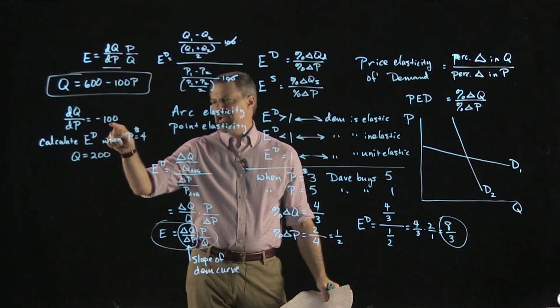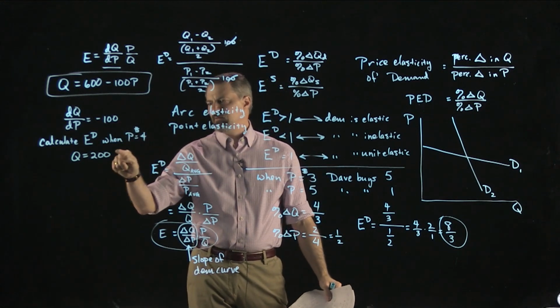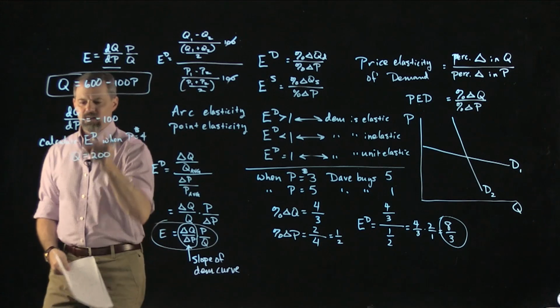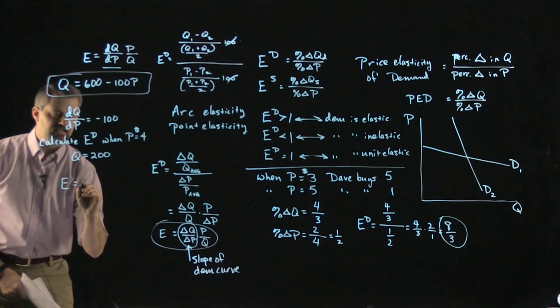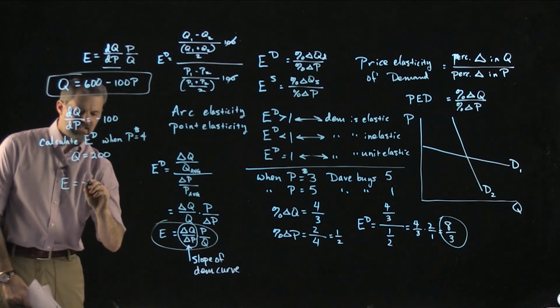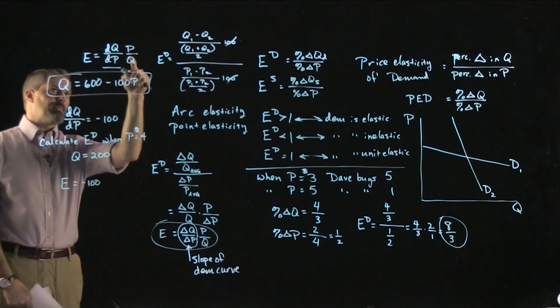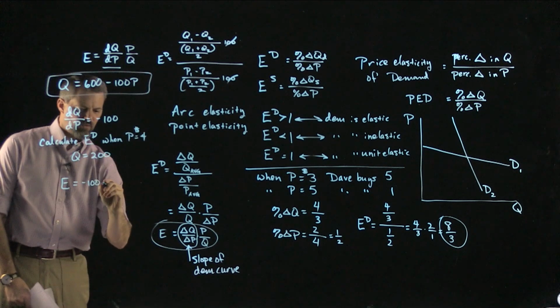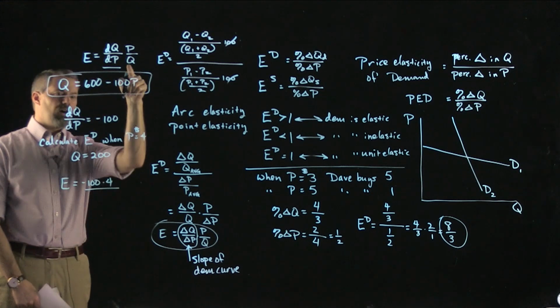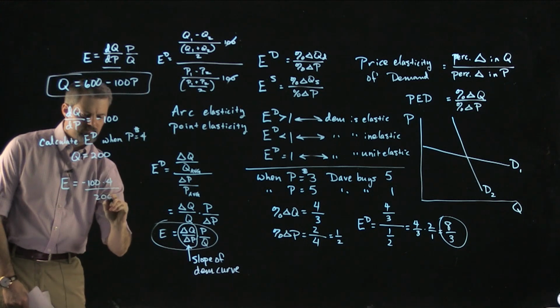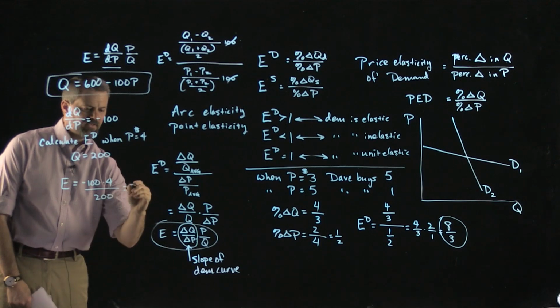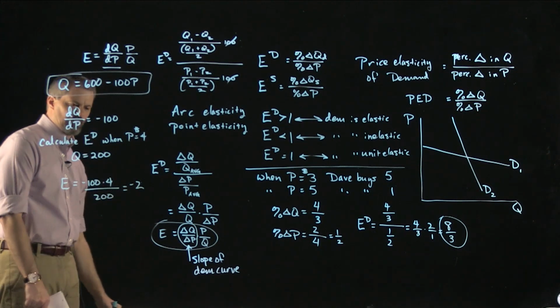We've got the slope of the demand curve, the price, and the quantity. So we can plug them right in there. Elasticity is equal to the slope of the demand curve, negative 100, multiplied by price, which is 4, divided by quantity, which is 200. That gives us an elasticity of negative 2.